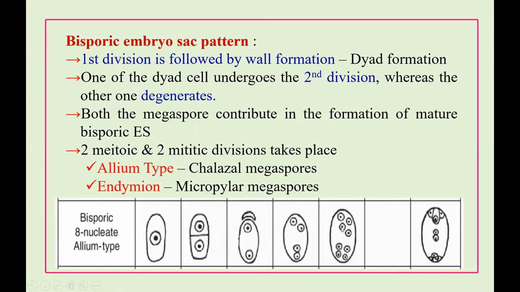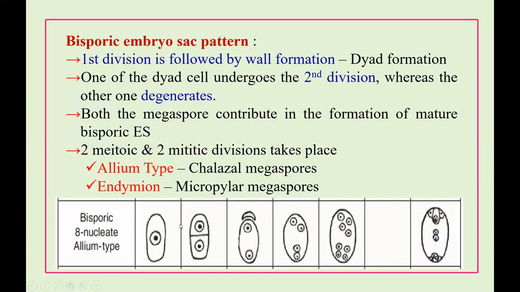And out of these 8 nuclei, 2 come to the center, 3 will be at the chalazal end, and 3 will be at the micropylar end. Out of the 3 cells at the micropylar end, the central one becomes the egg, and the other 2 become the synergids. And the chalazal end cells will develop into the antipodals. So this is called bisporic embryo sac development.